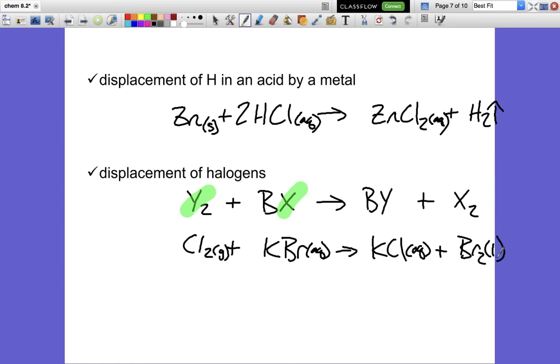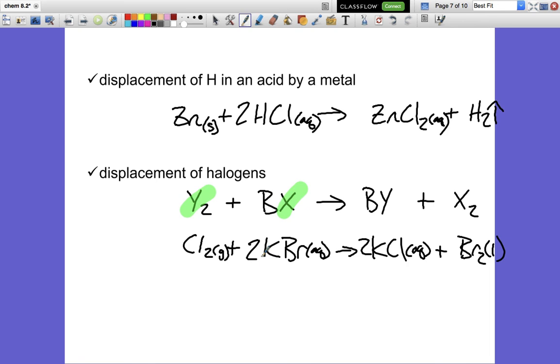Bromine actually is a liquid at room temperature, so it'll probably stay in that solution instead of bubbling out. But you could test for it in other ways. Otherwise, this reaction is almost complete. I just have to balance it. Because of those diatomic natures of chlorine and bromine, I'm going to need a 2 here and a 2 here to get that to balance.